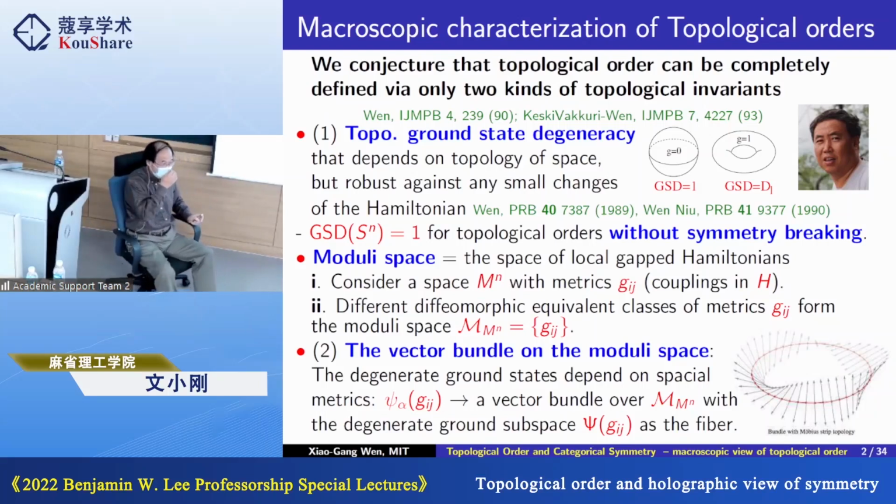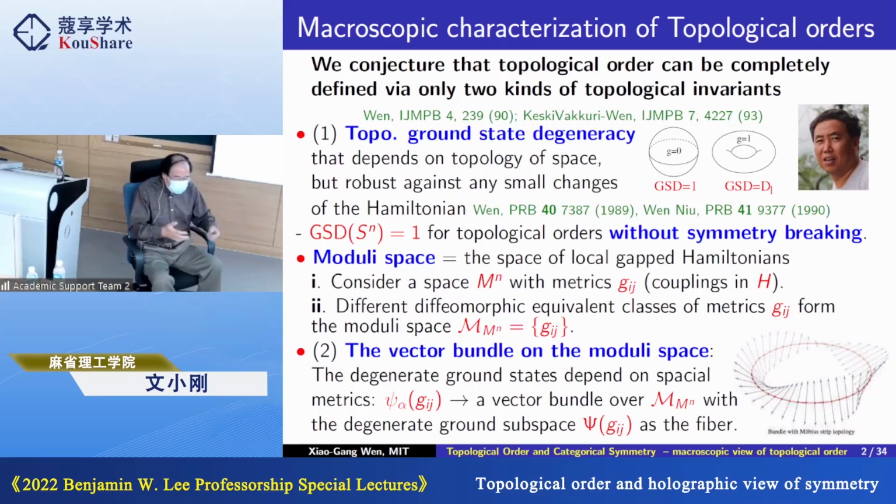Okay, so that's the general idea. This is really what I am trying to say. Using entanglement, we just say, oh, there's long-range entanglement, but we don't have a quantitative description. Now we try to come up with some quantitative description of the pattern of entanglement. So via this vector bundle on the moduli space, that may classify or characterize this long-range entanglement.